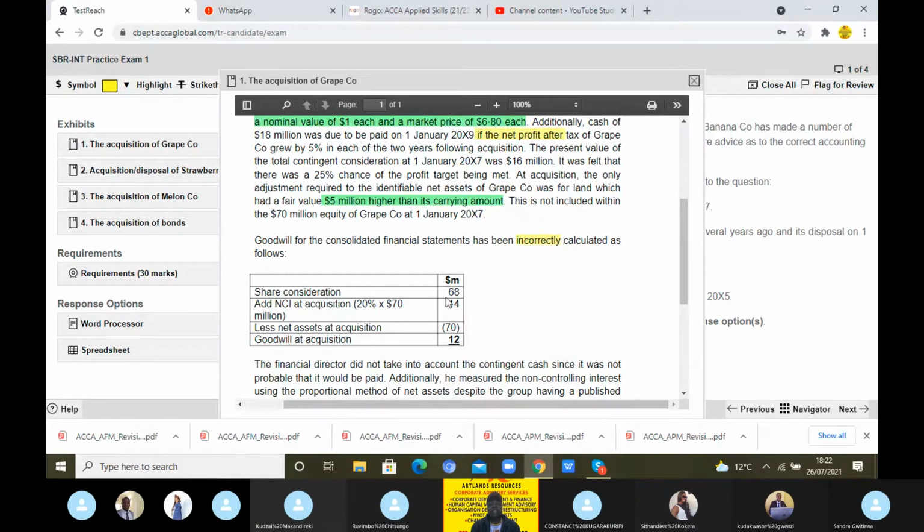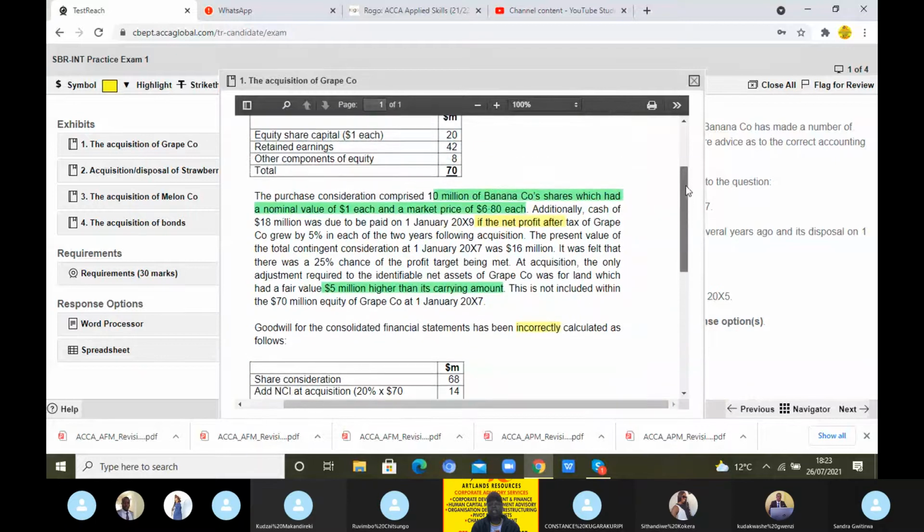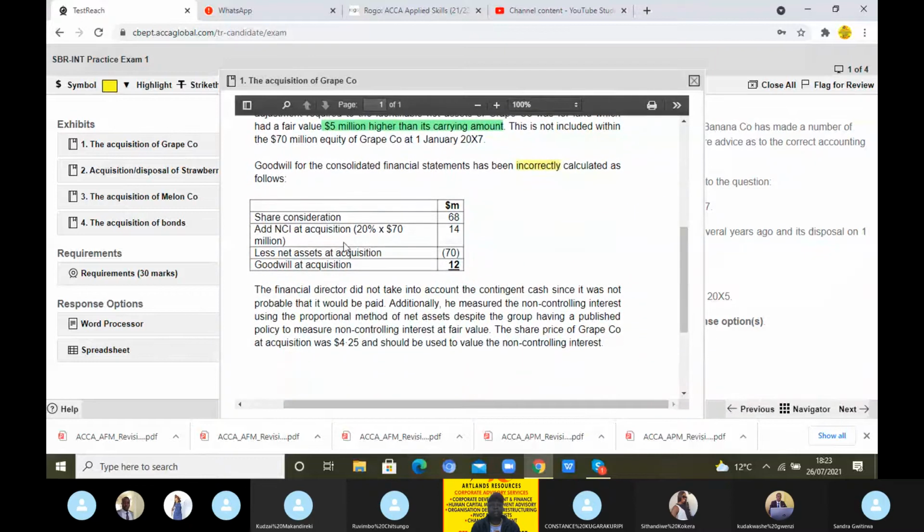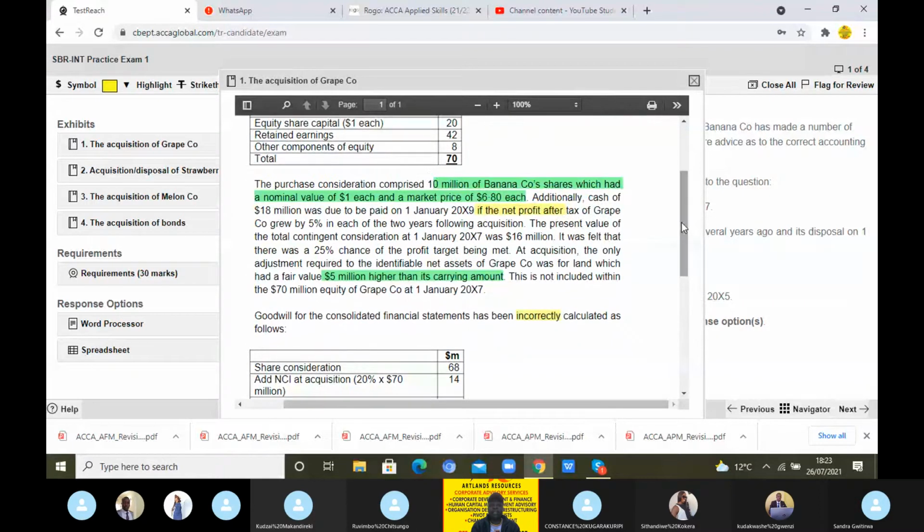And then add NCI, and notice for NCI they just said 20% of 70, meaning 20% of net assets. So this is the partial goodwill method. They used the partial goodwill method. Less net assets of 70. So they took net assets of 70 here.